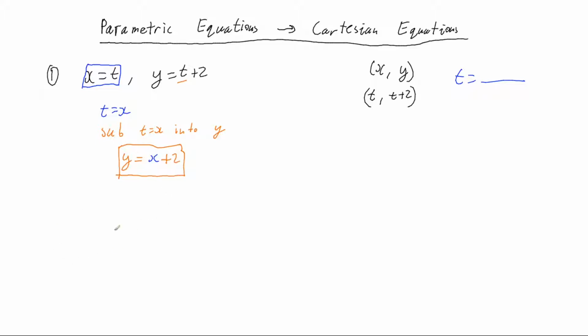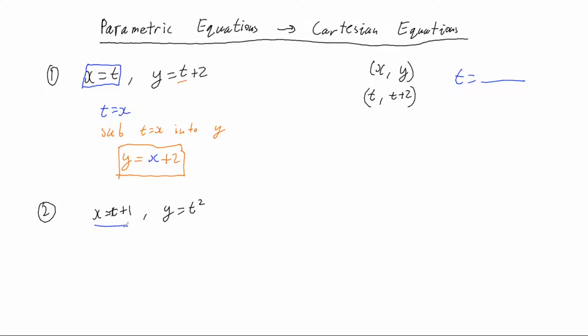So that was a nice easy one. Let's look at another one, a little bit more complicated, but not by much. So my next one is x equals t plus 1 and y equals t squared. In this case, we can pick either of these equations to find t.